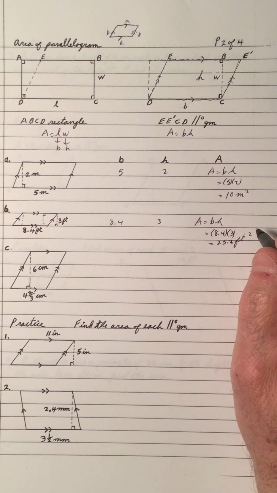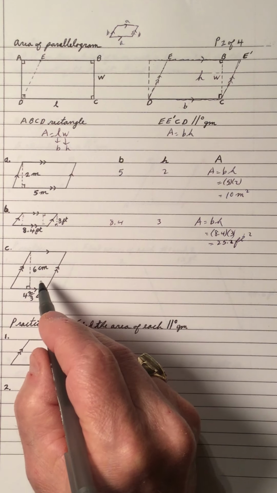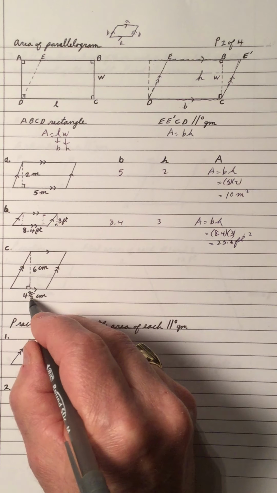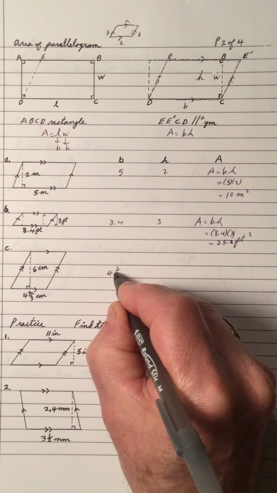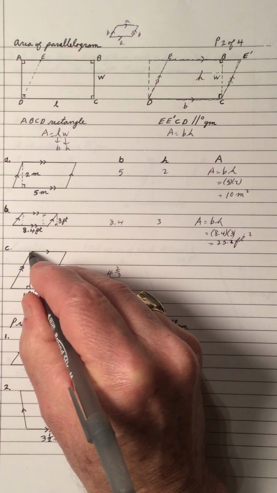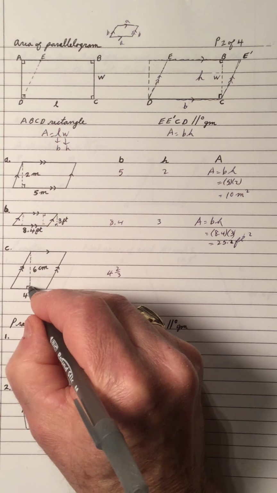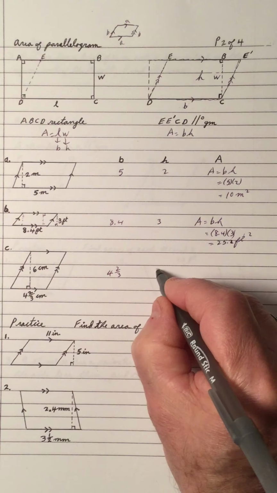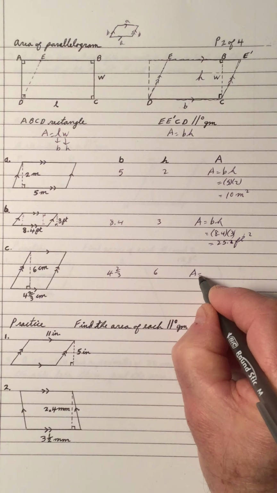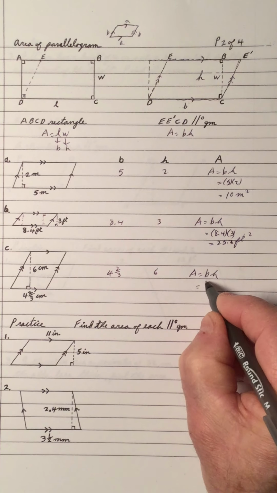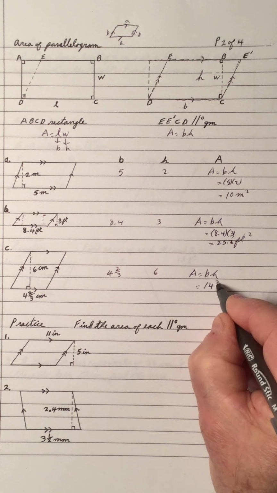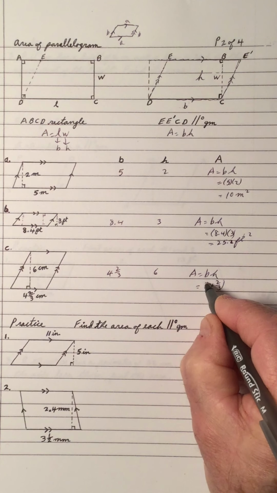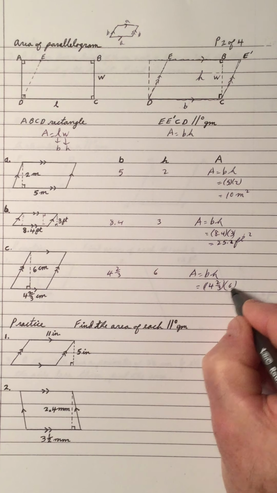C, we have a base, which is the bottom, of 4 2/3. We have a height, the perpendicular distance between the two parallel lines, of 6. So the area is base times height. The base is 4 2/3, the height is 6.